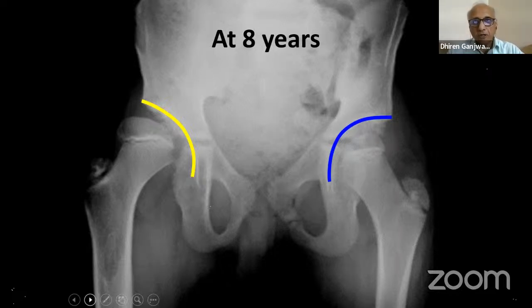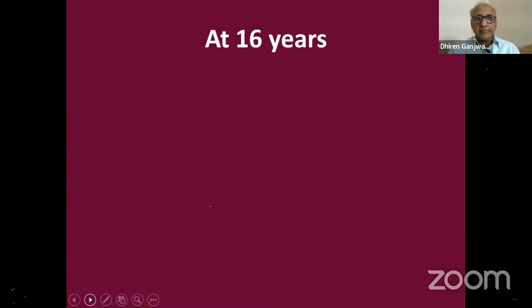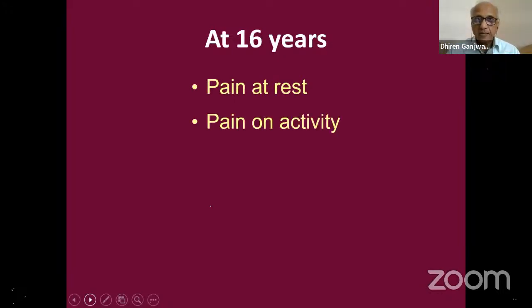The child was offered a surgery at this stage for the right hip so that the future problem can be avoided. The child was asymptomatic. So family said that, no, we are happy with the result and we really don't want to go for any surgery now. At 16 years, the child presented with a pain which was even at rest.